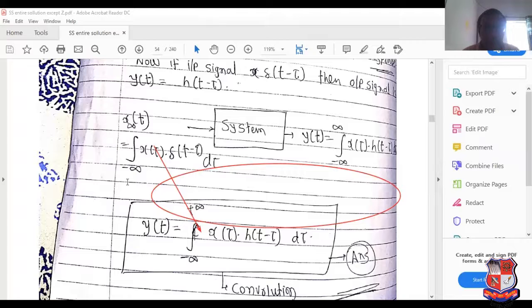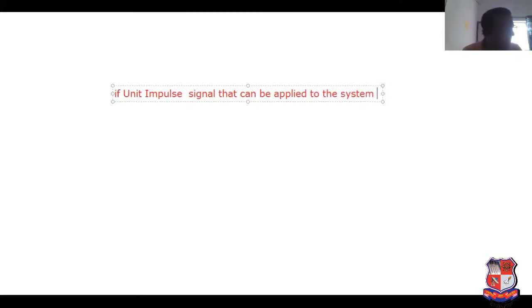I have written on the whiteboard: if a unit impulse signal is applied to the system, then y of t equals h of t.